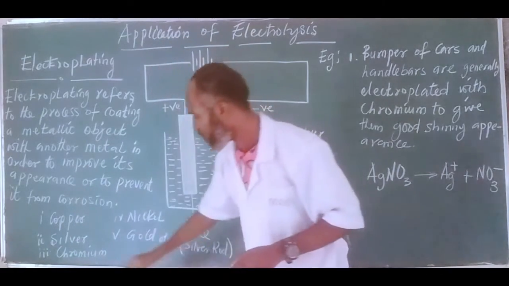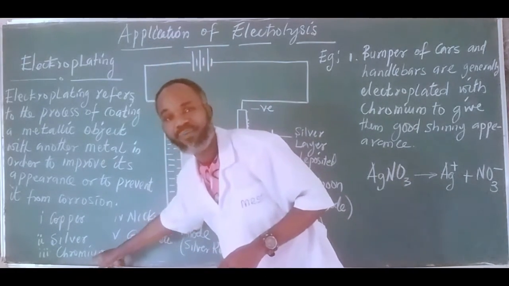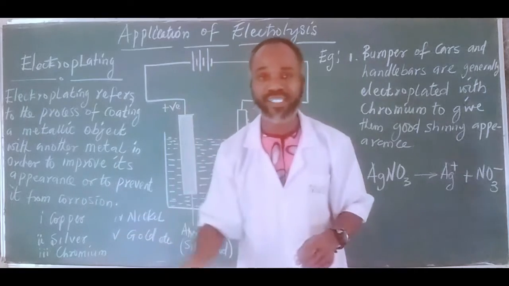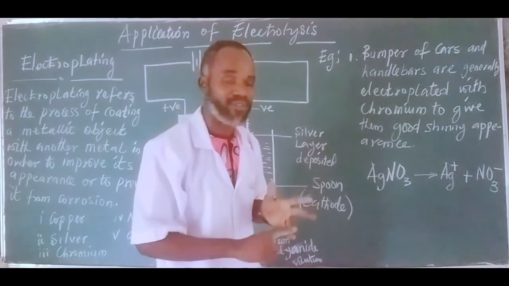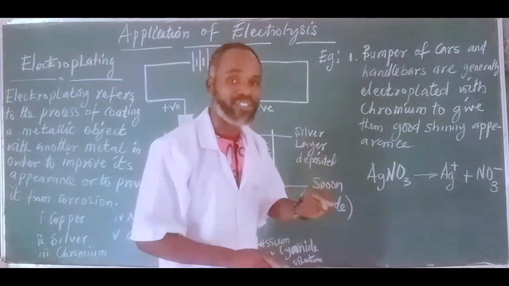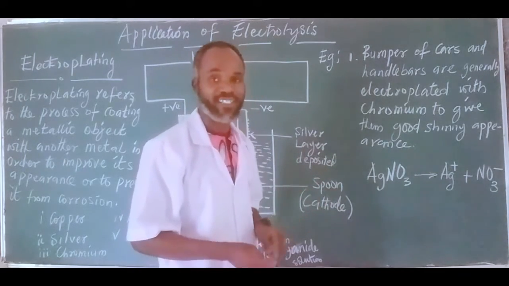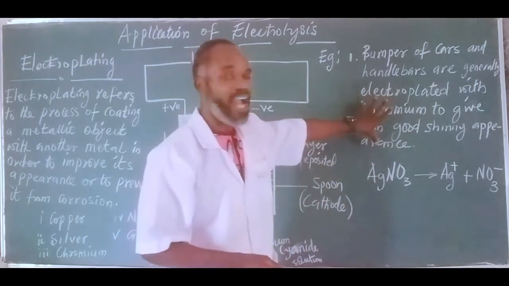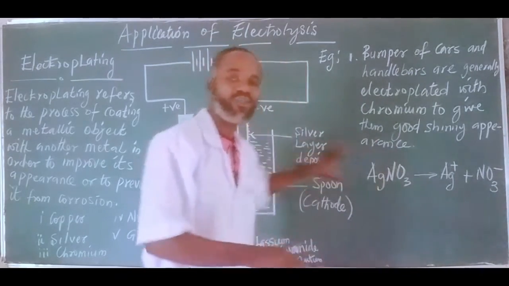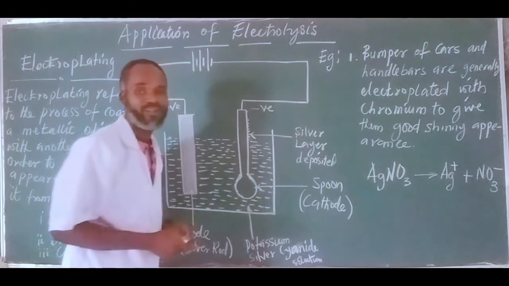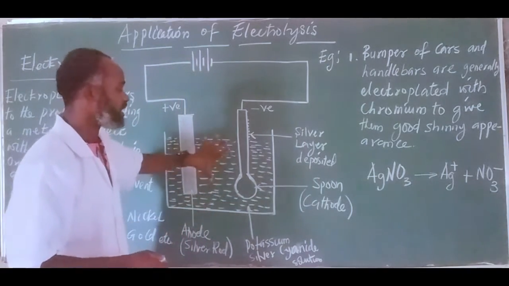So you can see chromium at this point can be used to electroplate materials such as the handlebars of motorcycles and bicycles. Also the bumpers of vehicles, of cars, so to say. So that's what happens here. Now, what is the meaning of this? It has to do with the diagram we have.